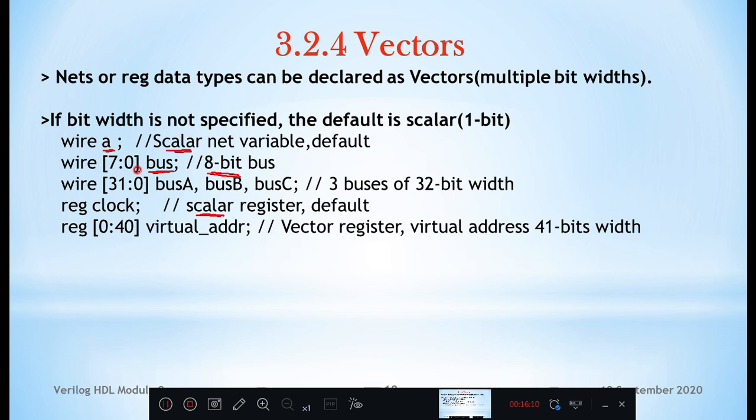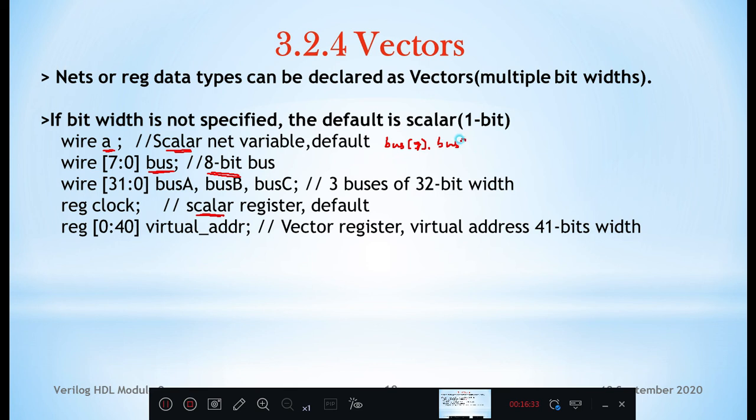So when you write [7:0], 7 is treated as the first, so you will have bus 7, 8 bits, 7 to 0. So bus declaration 7.